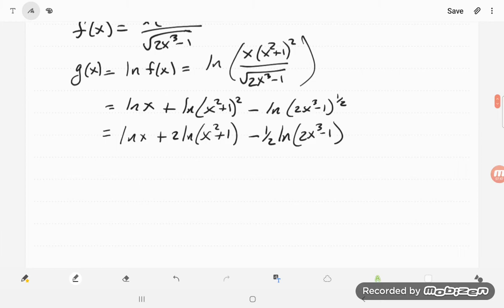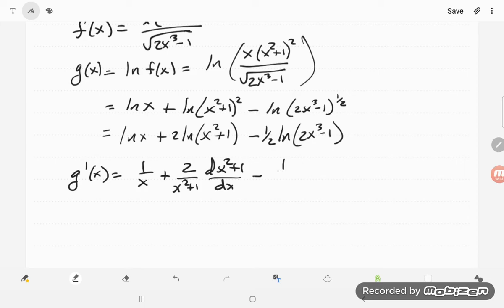But now, if I take the derivative, g prime of x is 1 over x plus 2 over x squared plus 1, again just the derivative of natural log is 1 over, times the derivative of x squared plus 1 with respect to x, and then minus 1 over 2 times (2x cubed minus 1) times the derivative of 2x cubed minus 1 with respect to x.